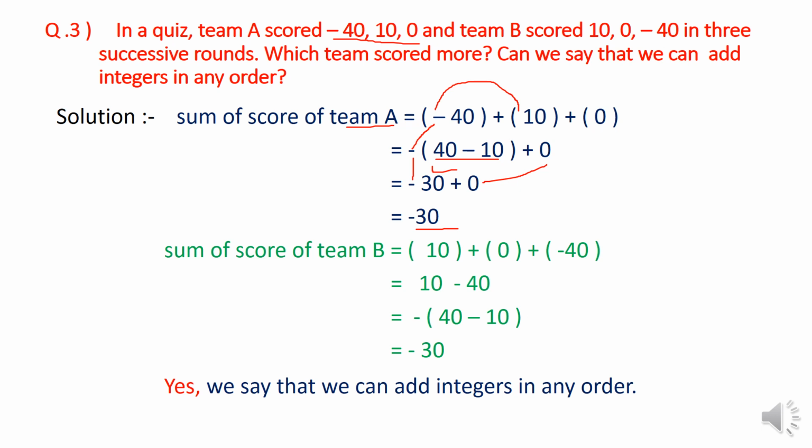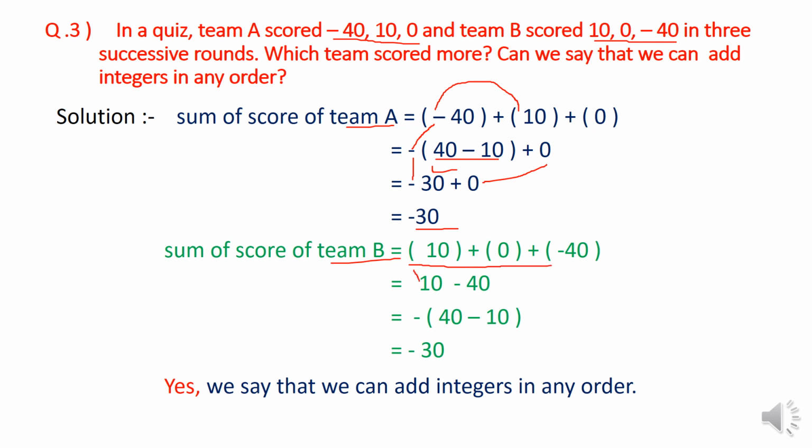Now we will find the sum of the score of team B, which is already given as 10, 0 and minus 40. So, here the first two integers are 10 and plus 0. You know if you add 0 to any integer, you will get the same integer.